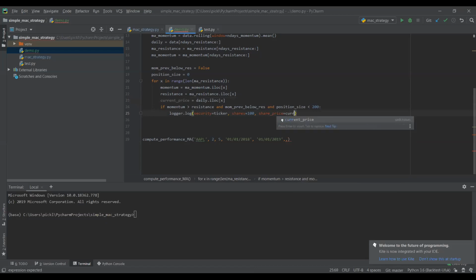So what this does is we give the logger some information: what we want to buy, the ticker, how many we want to buy, and the price of the stocks we're buying.